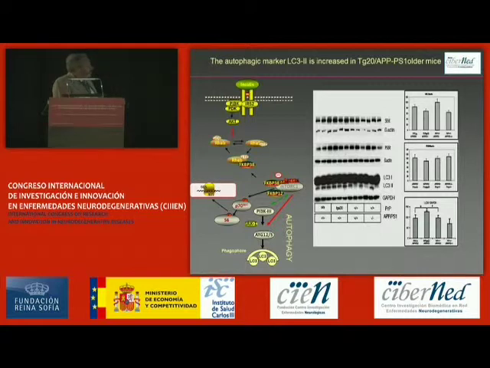And what we did was the analysis of one of the major systems that control autophagy, which is the mTORC1 kinase.